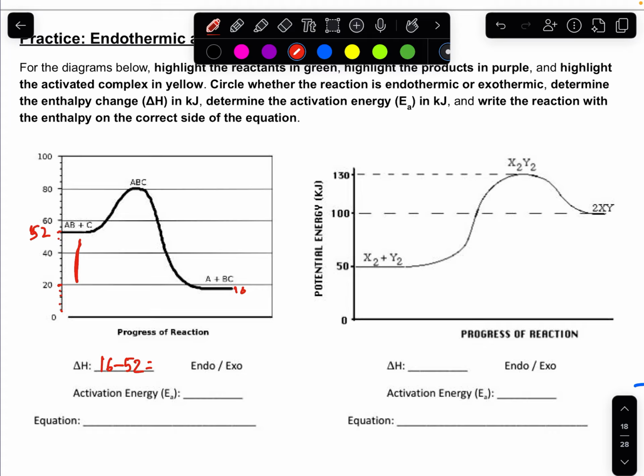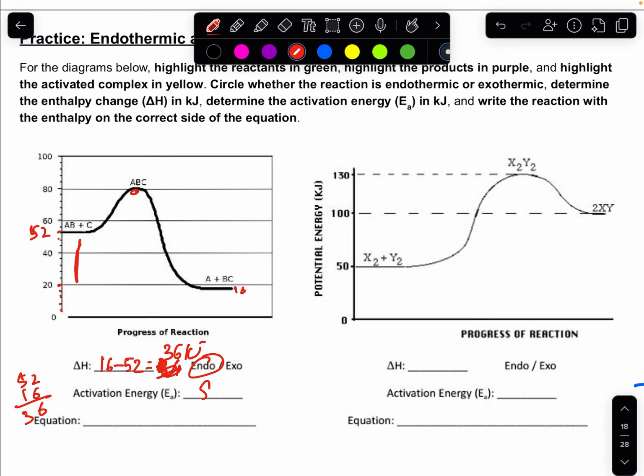That is the delta H. And when you subtract, let me subtract this. Okay, so that is negative 36.